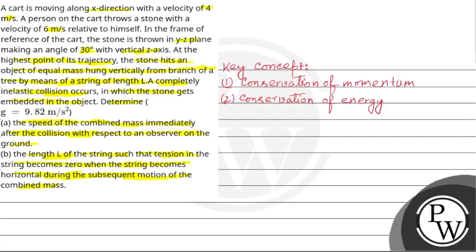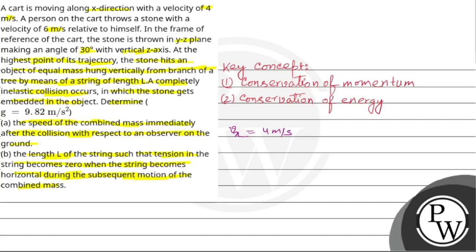We are told that a cart is moving along x direction with a velocity 4 meter per second. तो स्टोन का जो वेलोसिटी होगा that is along the x axis, that is equals to 4 meter per second. A person on the cart throws a stone with a velocity of 6 meter per second relative to himself. In the frame of reference of the cart, the stone is thrown in yz plane, making an angle of 30 degree with vertical z axis.